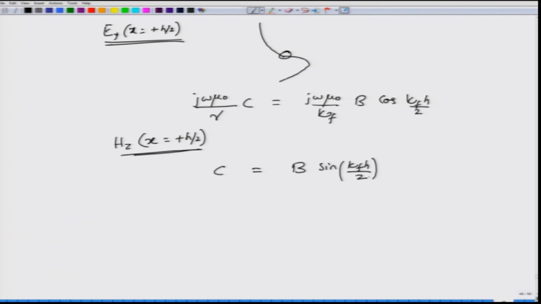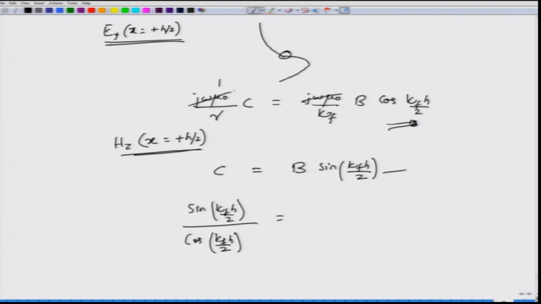Luckily, c is there on the left hand side, b is there on the right hand side. If I divide the first equation by the second equation, what do I get? I get sin kappa f h by 2 divided by cosine kappa f h by 2. The j omega mu naught is constant on both sides, so I can remove them.